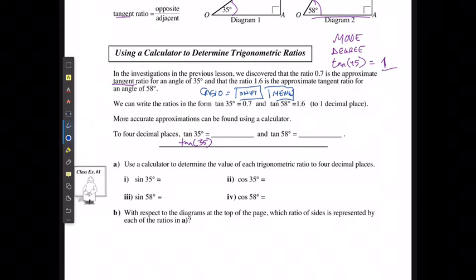You're going to scroll down to where it says angle, and then you're going to press F1 in order to switch into your degree mode.